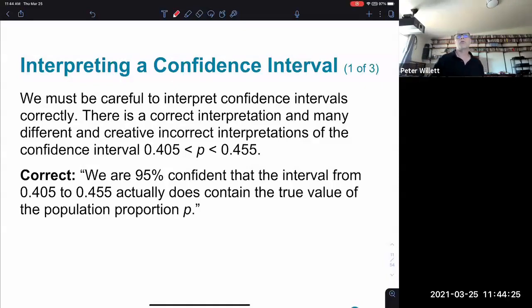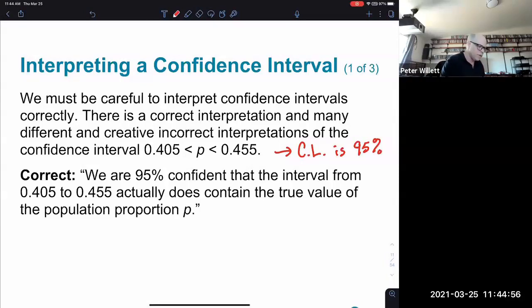We must be careful to interpret confidence intervals correctly. There's a correct interpretation and many different and creative incorrect interpretations of a confidence interval. So they're giving us a confidence interval for P, and even though they have it in their statement, they didn't write it here. So let me add on here that the confidence level is 95%.